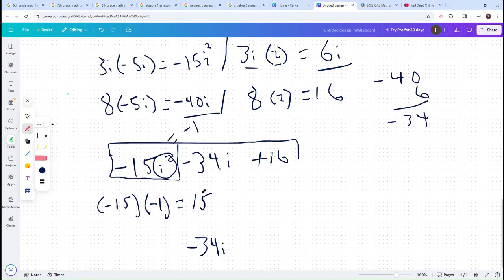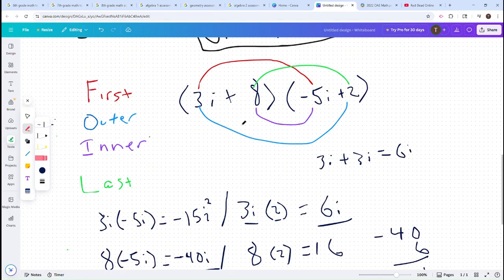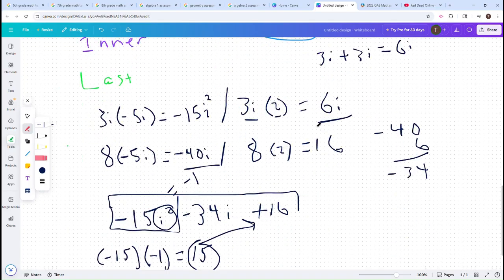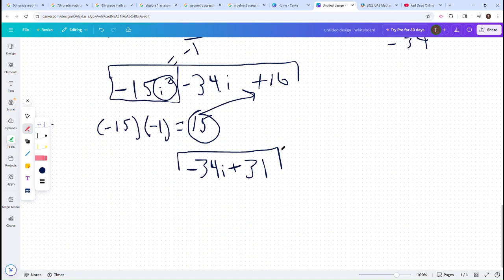But now we have 15 plus 16. That equals 31. This is what you get when you combine 3i plus 8 times negative 5i plus 2. And yes, you will get two terms. The first term will be i squared. Remember, i squared equals negative 1.